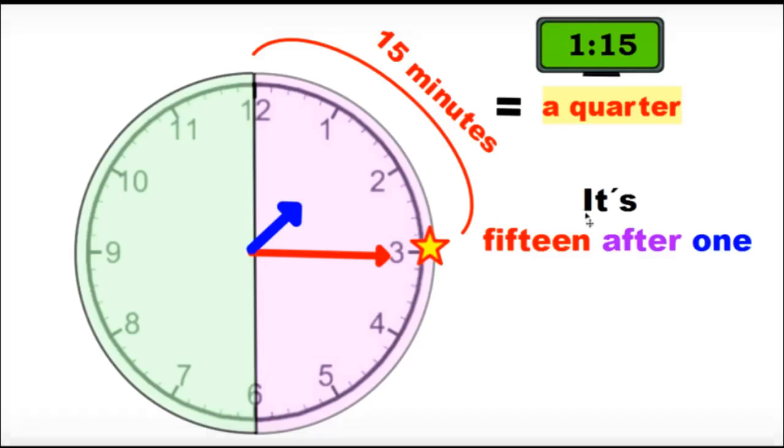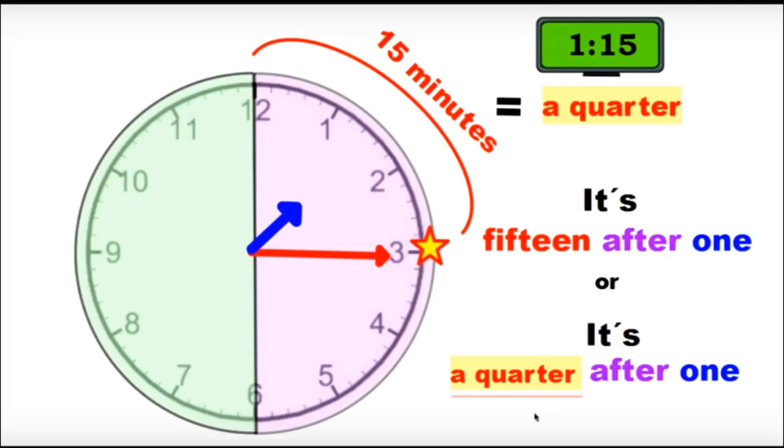So we can say it's 15 after 1, or it's a quarter after 1, minutes after the hour. So we use a quarter when the minutes are here at 15.